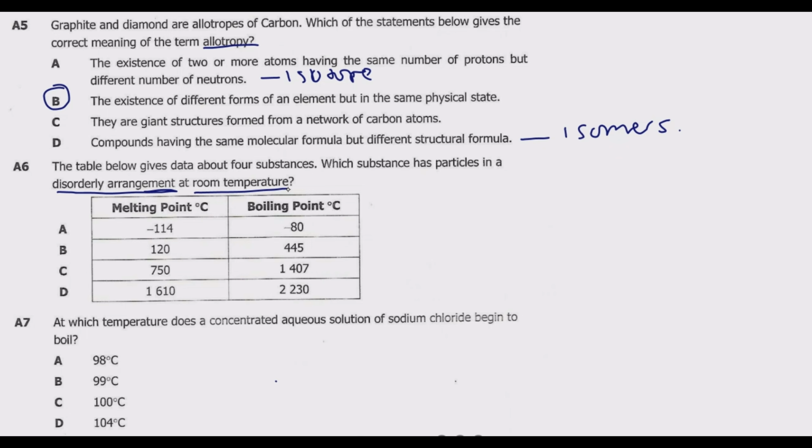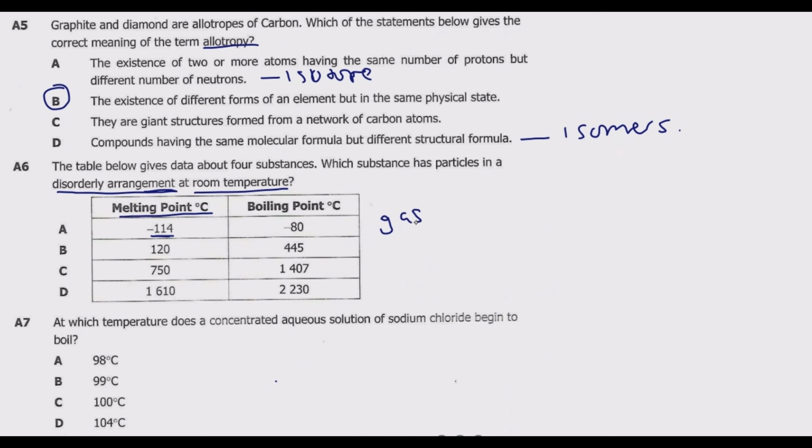we have the melting point, in this case negative 114. Then boiling point is negative 80. So at room temperature, which is above 0 degrees, this will be a gas. Then B, 120 melting point, then boiling point 445.